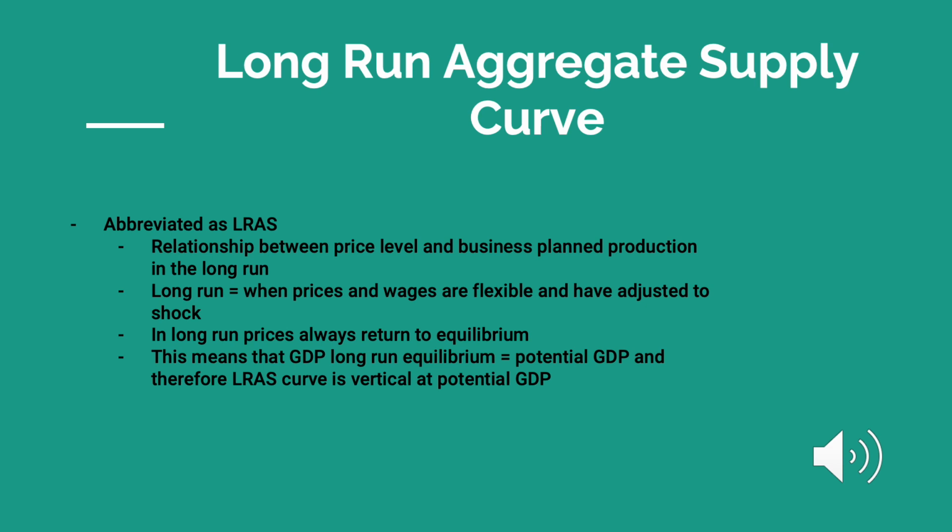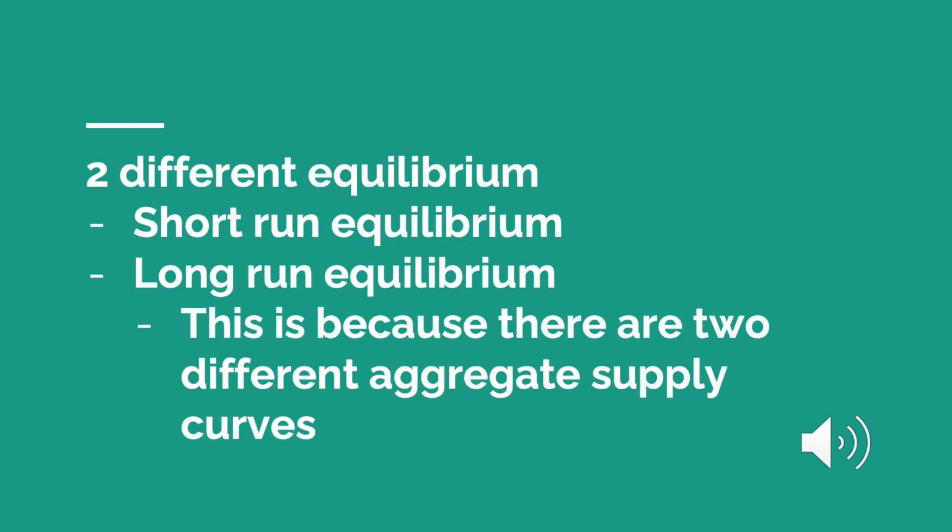So we say that in the long run, prices will always return to equilibrium, and therefore GDP in the long run will be equal to potential GDP, which is why this curve is vertical at potential GDP. Just a quick note: there will be two different equilibria, one in the short run and one in the long run, because there are two different curves for the aggregate supply.